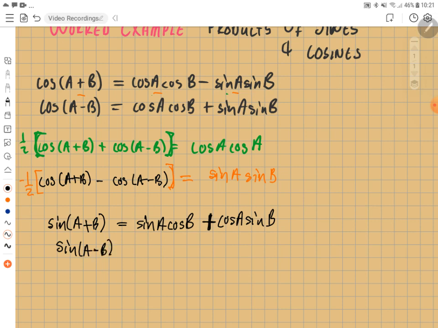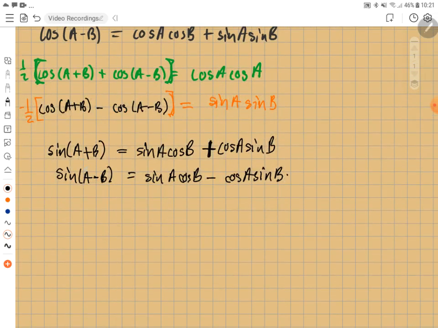Now if we have sine(A-B), it would be equal to sine A cos B minus cos A sine B. And that means if I add these two, plus, plus, it's going to be plus.